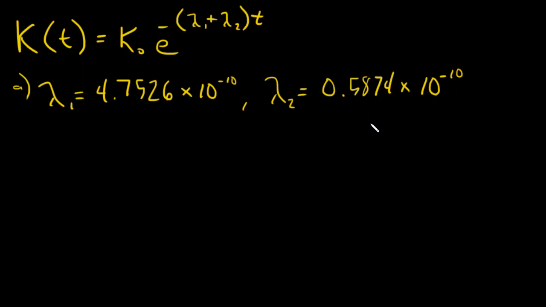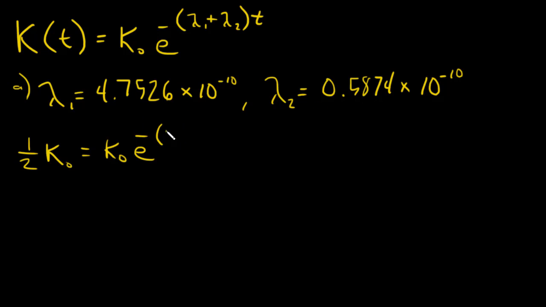now let's see. It wants us to find the half-life of K40. So we want to find the half-life of the potassium. So the half-life occurs when this amount over here is 1/2 of what we started with. So all I have to do to solve this is 1/2 K naught is equal to K naught times e to the negative, and now I've got these constants, right?